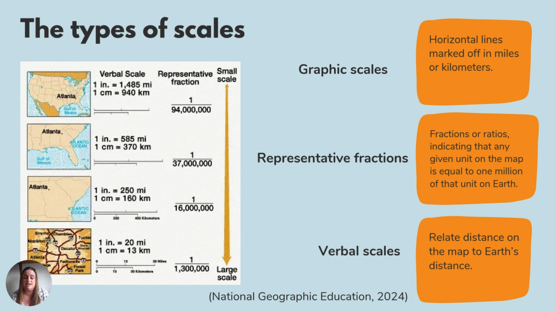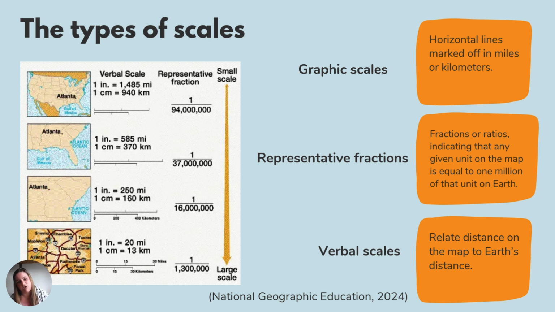We get representative fractions, which are fractions or ratios using maths, indicating that any given unit on the map is equal to 1 million of the units on Earth. Variable scales relate distance on the map to Earth's actual distance, like I said earlier.